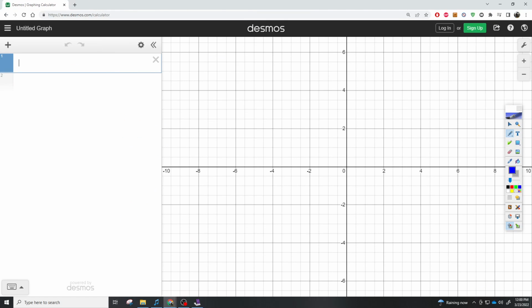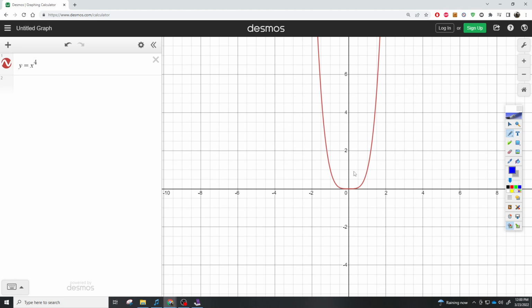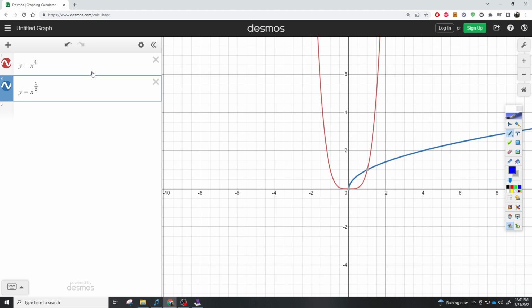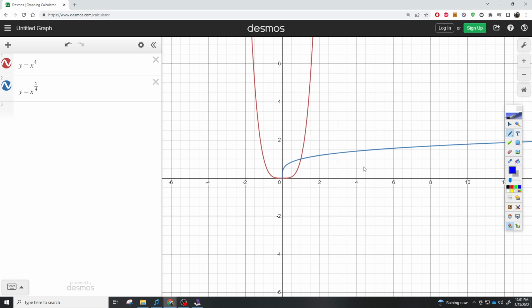And graph that. So we have x to the 4th, which you should know what it already looks like. It's your happy face parabola. It's a little skinnier though. And then y equals x to the 1/4. Whoops, 1/4. Here we go. That's the other half of it.